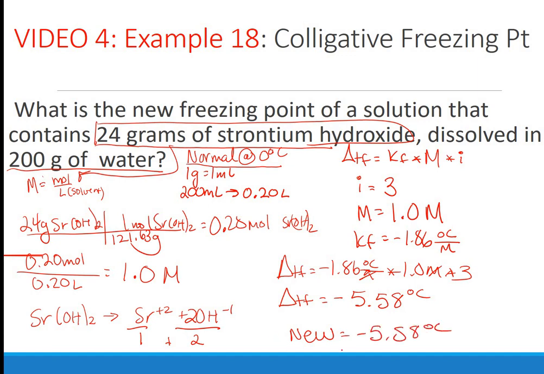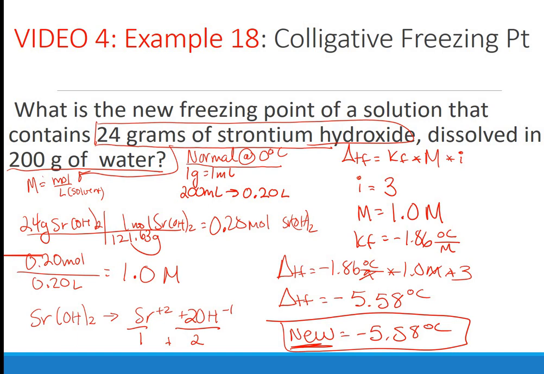Again, that's only because it is 0 degrees Celsius. So when we take 0 and add that to negative 5.58, it still gives us negative 5.58. So our new freezing point is going to be the same.